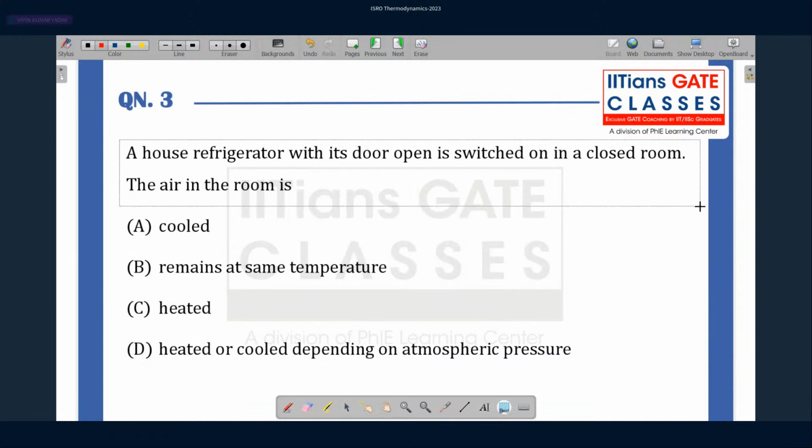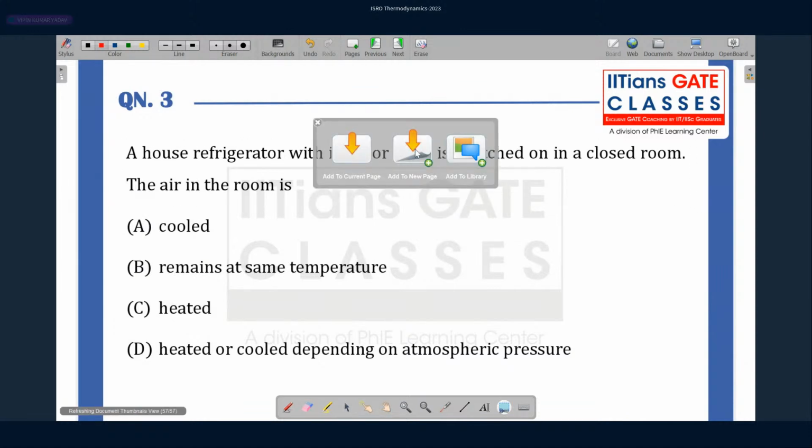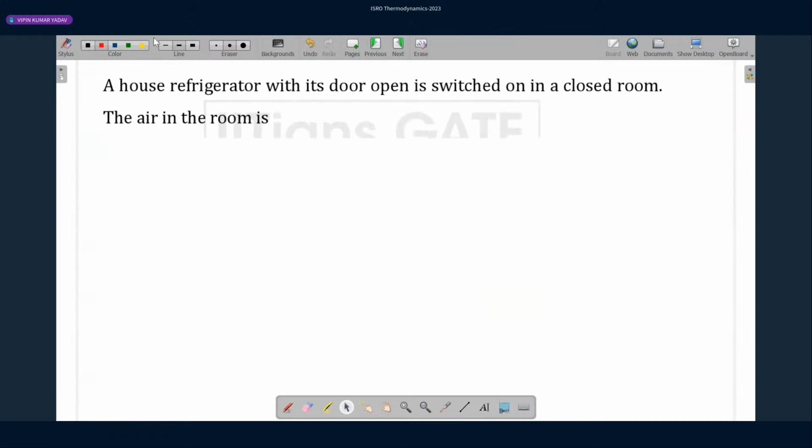So it is saying that you have a refrigerator. You see, this is your refrigerator and it is always anti-clockwise. Okay. So what actually it does is it takes heat from your refrigerator and gives it to the room.